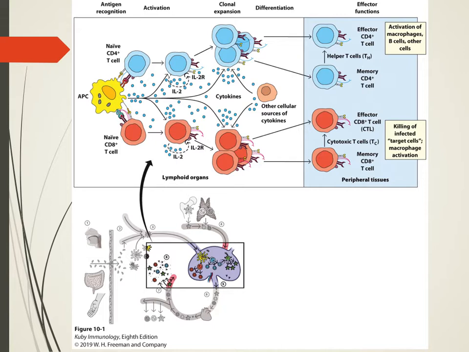Okay. So these helper cells can go on to help to activate macrophages, B cells, and other cells. When we look at the CD4 positive T cells, the helper cells, they're really important.